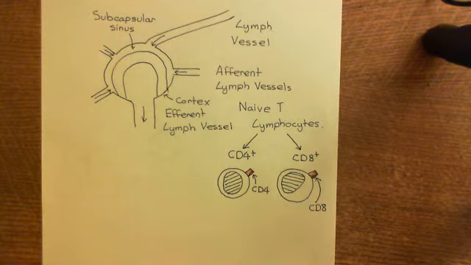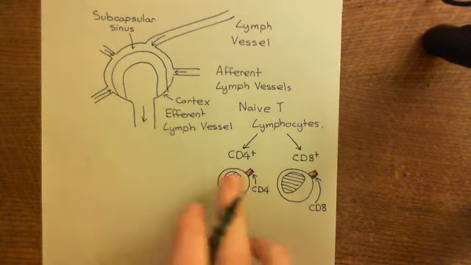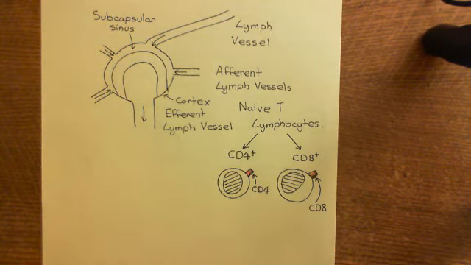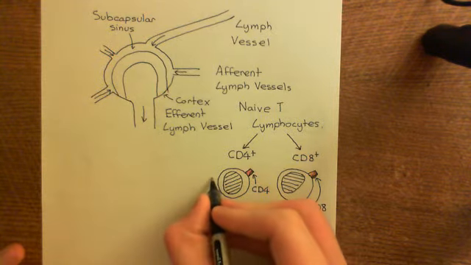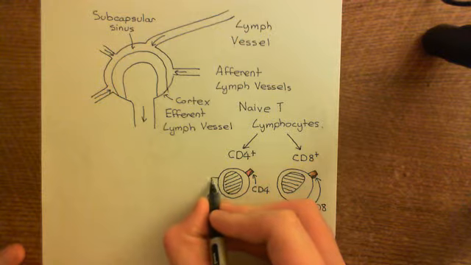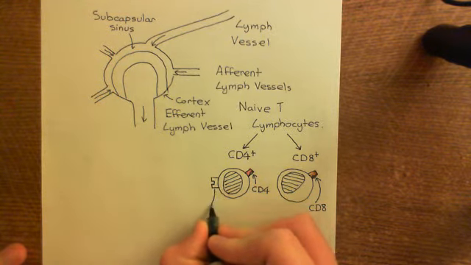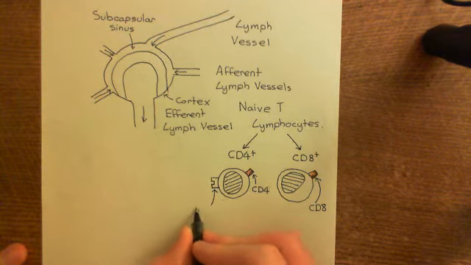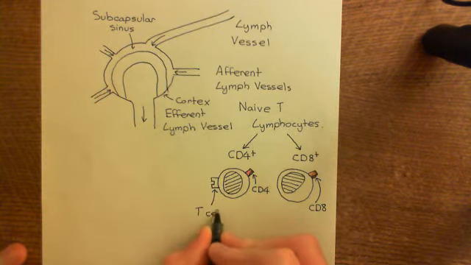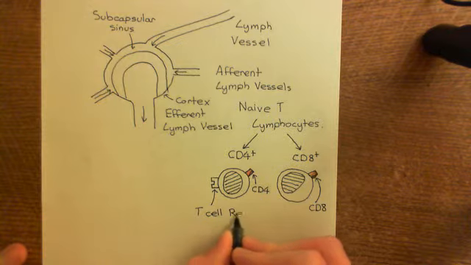No two T lymphocytes will be the same. Now, how do they vary? Well, it's not in how they look underneath the microscope. They all look pretty much identical under the microscope. But all of the T lymphocytes have something known as a T cell receptor, which I'm drawing now here. So this is going to represent our T cell receptor.